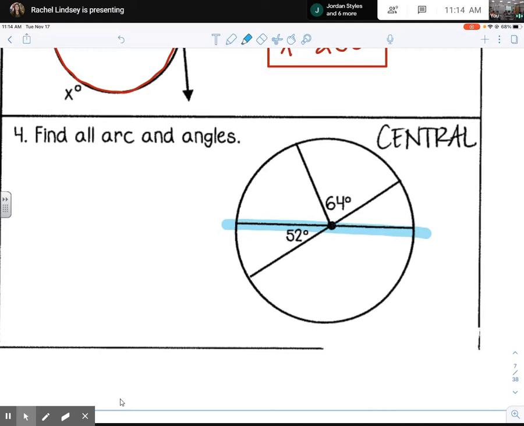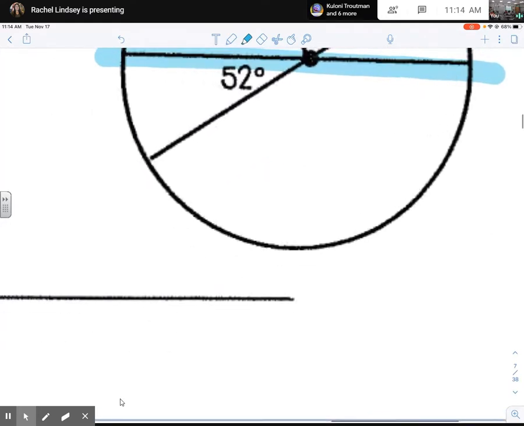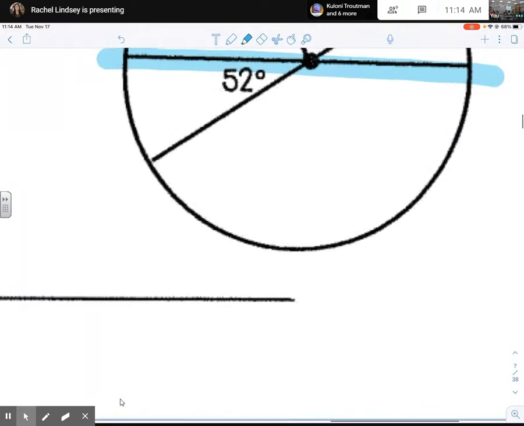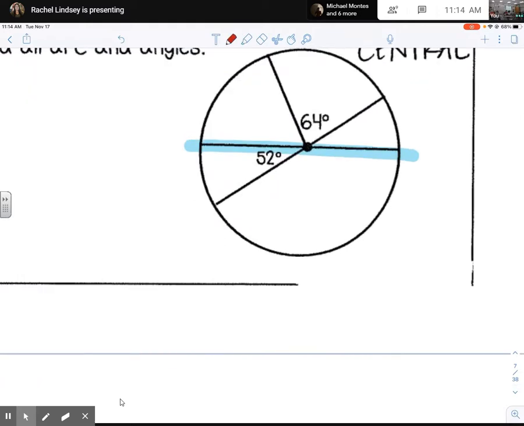If I'm looking at that diameter, just that half of the circle, and that one little slice of pie is 52, how much will be left for the other one? 180 minus 52. So this would be 128.